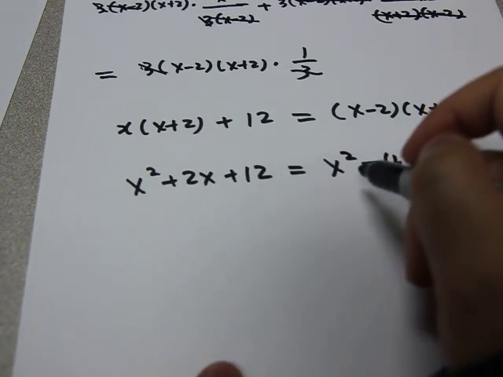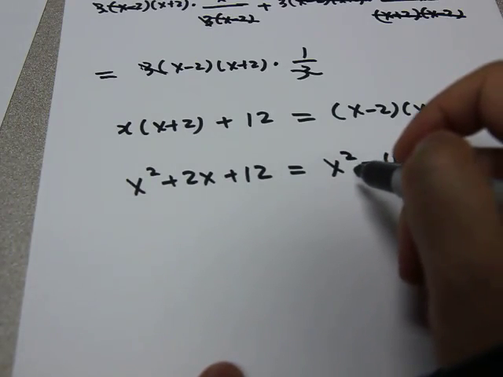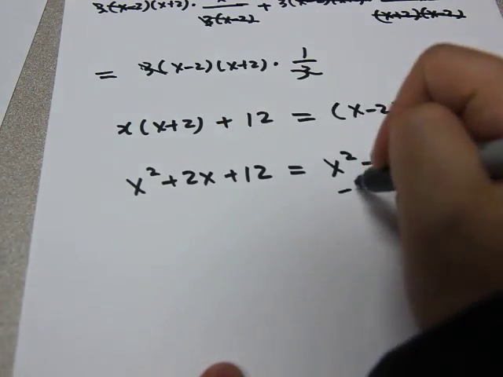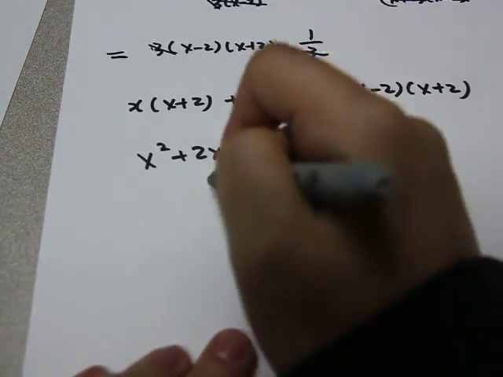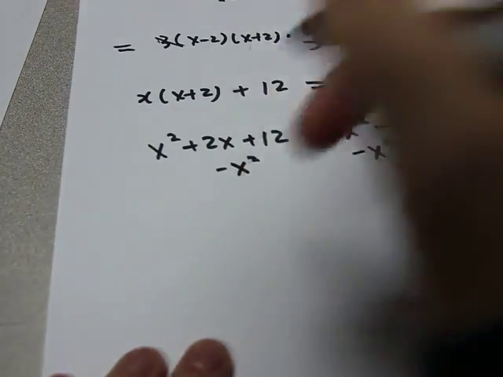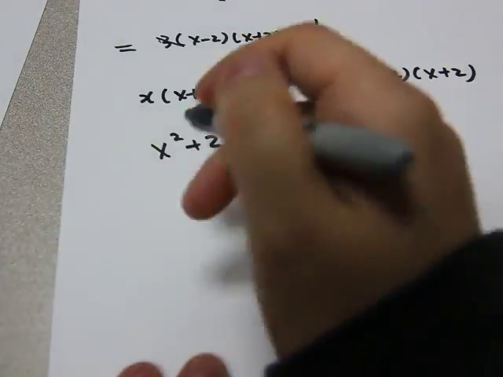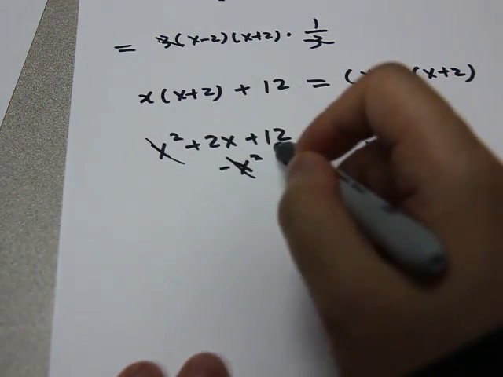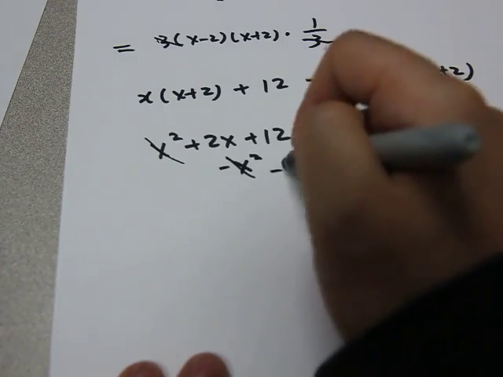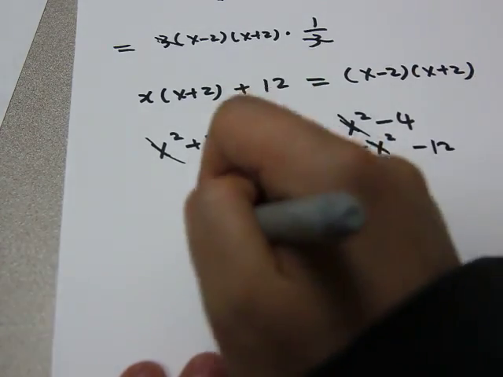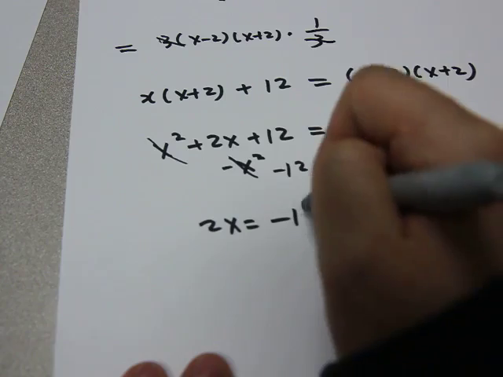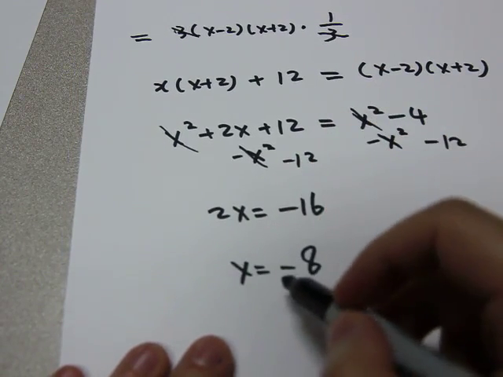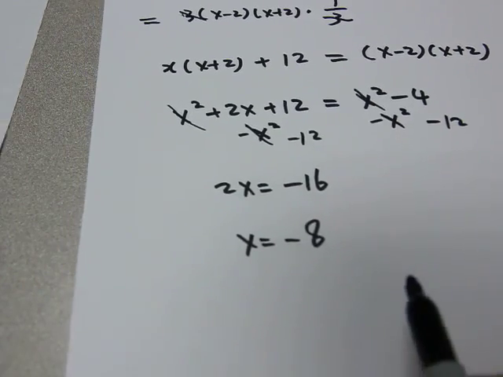Okay, so now when I bring the x squared to the left hand side, I subtract x squared, so the x squared is gone. Right, and to bring the number 12 to the other side, we can subtract 12. So we have 2x equals negative 16, which means x equals negative 8. Okay.